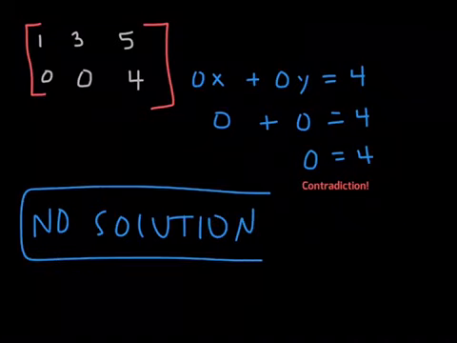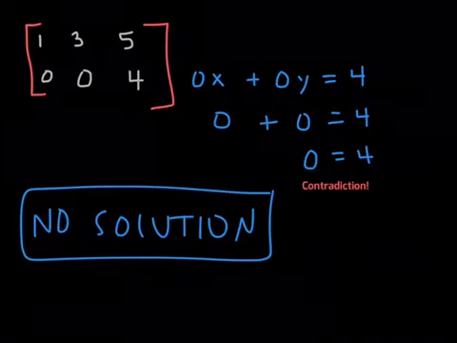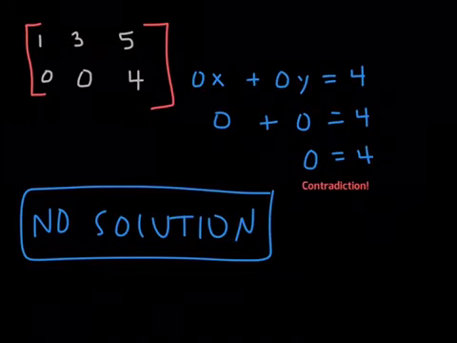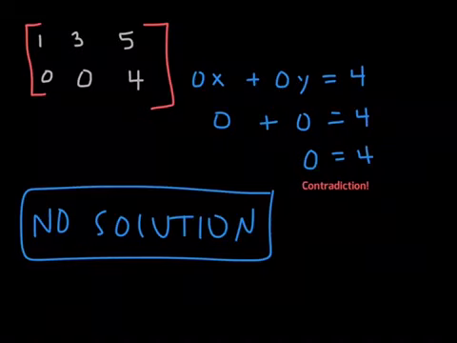If at any point when you're solving using matrices, one of your rows becomes nothing but zeros except for the constant, so you got 0, 0, and then just some constant number, that means you have a contradiction. If you're talking about lines, then the lines never intersect. They must be parallel, and the system is inconsistent.